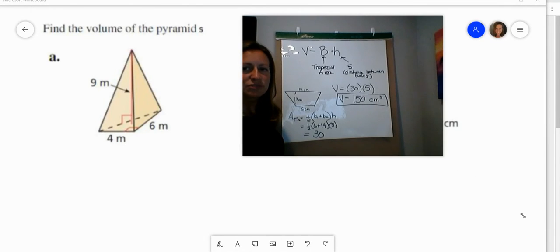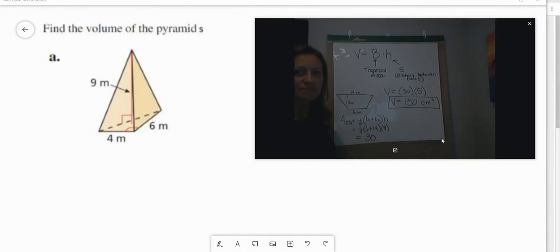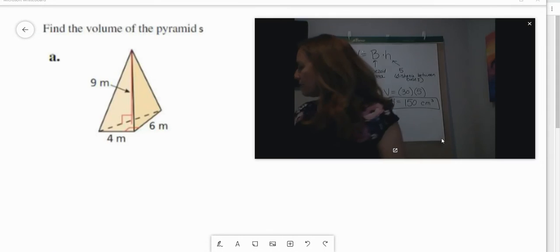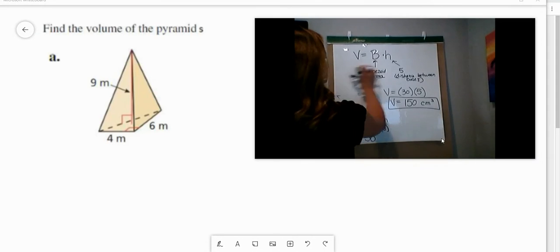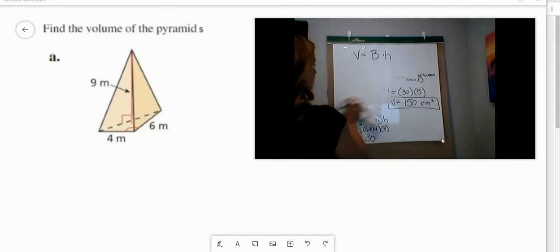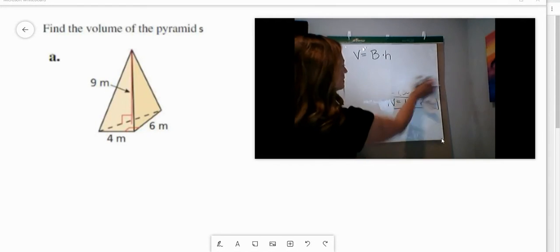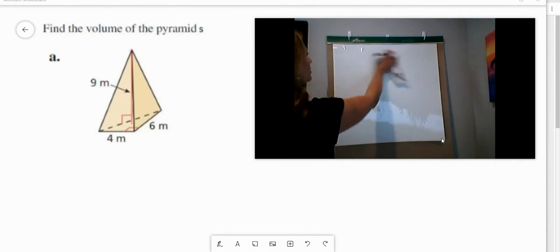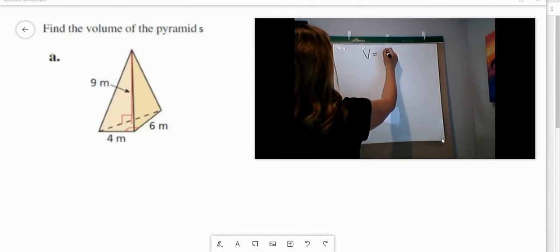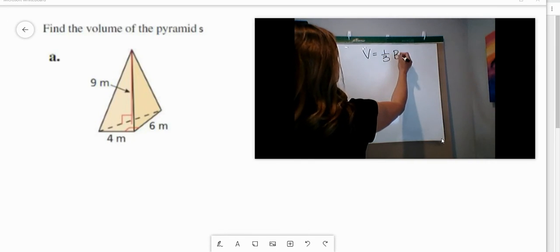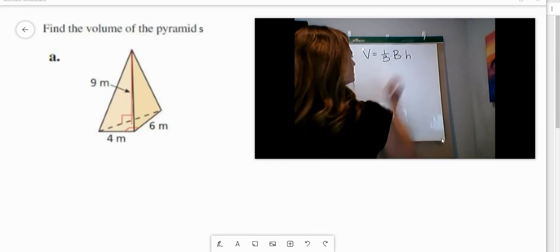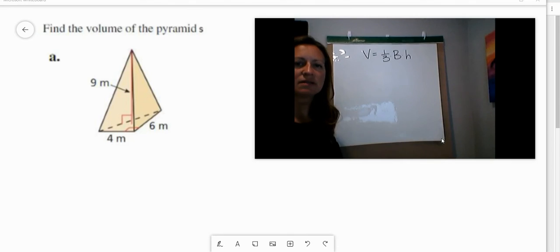All right, we have 2 problems left here. The next one is a pyramid. And the volume formula for pyramids is 1/3 the area of the base times the height of the pyramid.